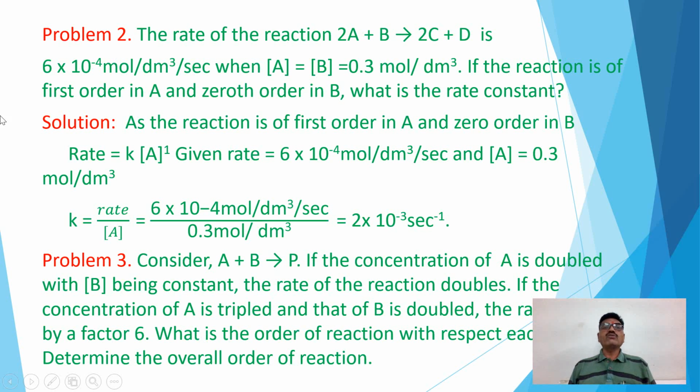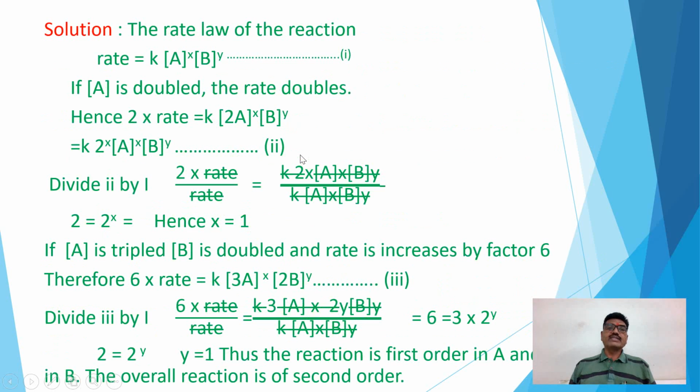So in this numerical, we have to determine the order of reaction from the provided information. See here, a simple numerical. The rate law of the reaction can be written. We don't know what the order is, so we can write the general rate law, or differential rate law, or rate expression.